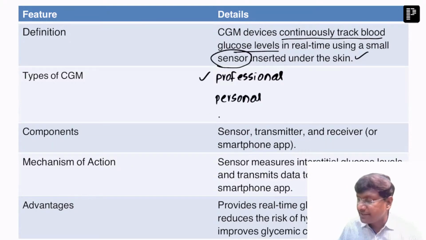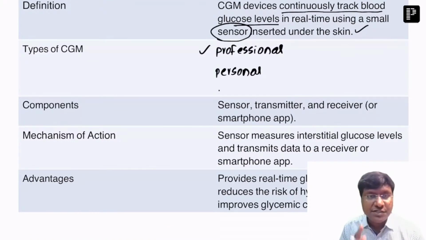Professional CGM does intermittent monitoring by the healthcare provider, whereas the personal CGM is for continuous daily use by the patient.